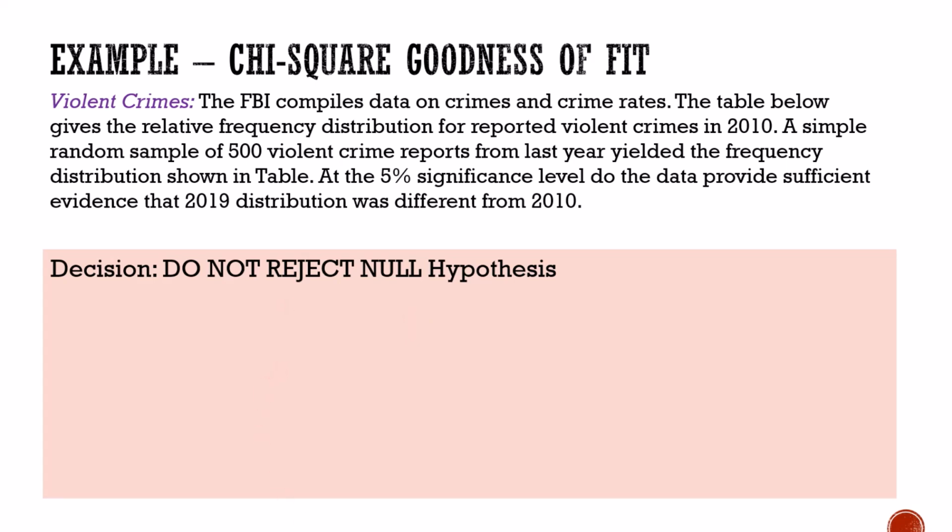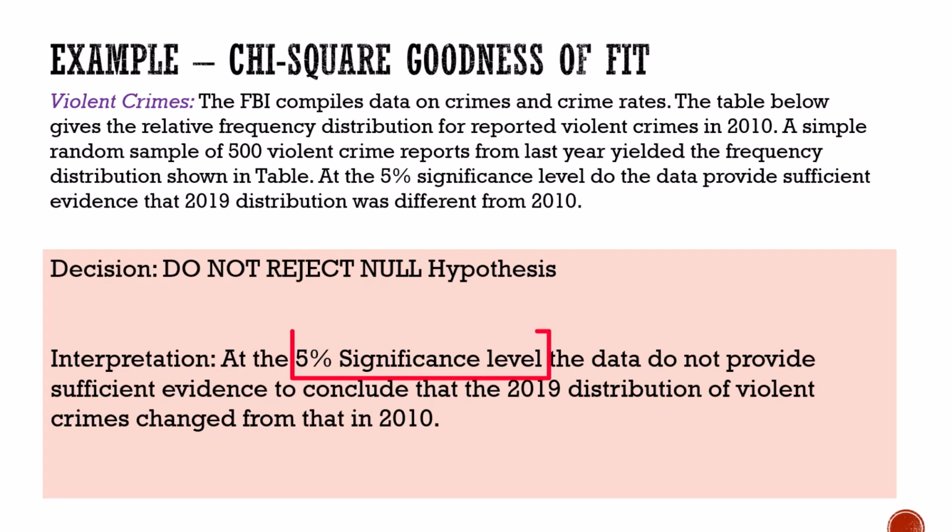So the way we interpret this is that at the 5% significance level, always qualify your interpretation with the significance level at which the test was performed, the data do not provide sufficient evidence. So if you did not reject the null hypothesis, then your data was not strong enough, not sufficient enough, and therefore do not provide sufficient evidence to conclude that the 2019 distribution of violent crimes changed from that in 2010. All right?